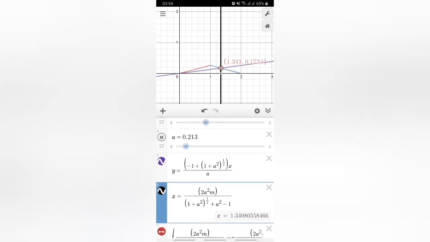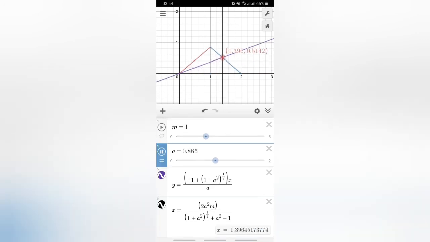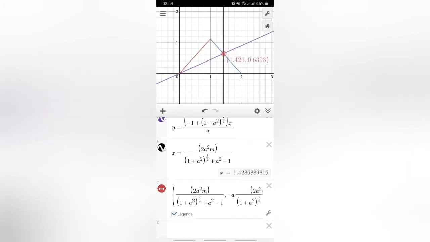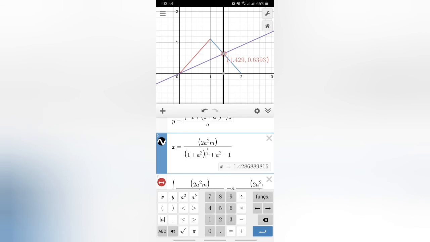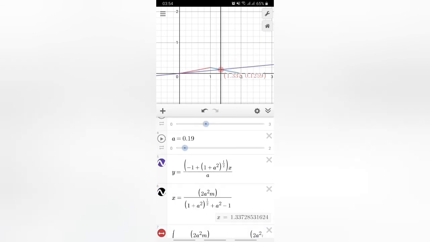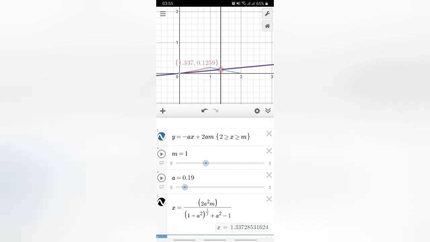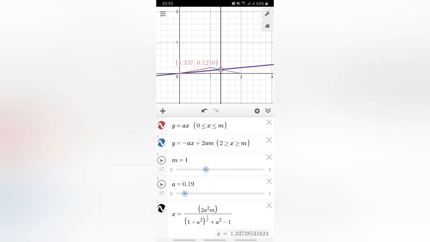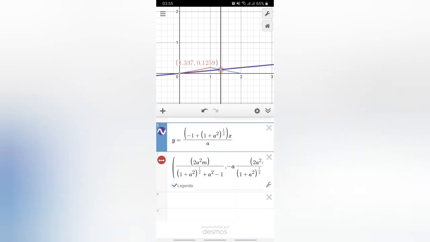So how did I compute this point p? Well, the x part is already ready, right? Because the x part is this one over here, it's the black line. So how can you find the y part? Well, you just put it in the blue formula. In the blue formula, minus ax, and you use the x of the black line plus 2am.